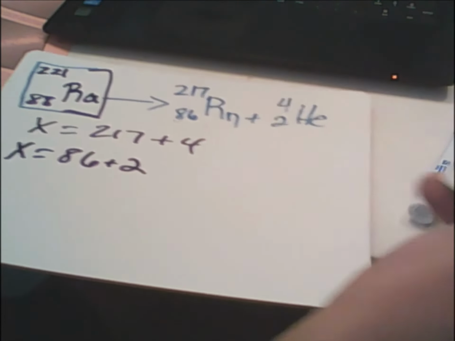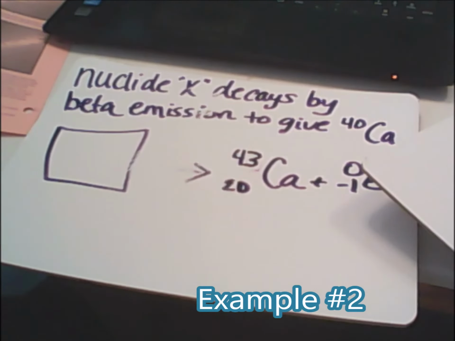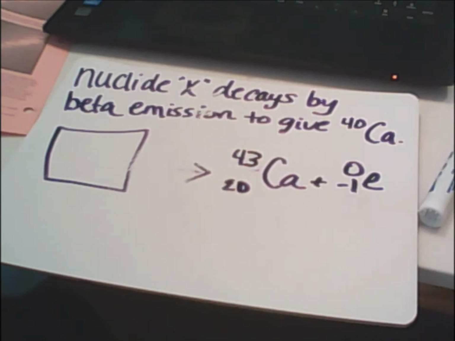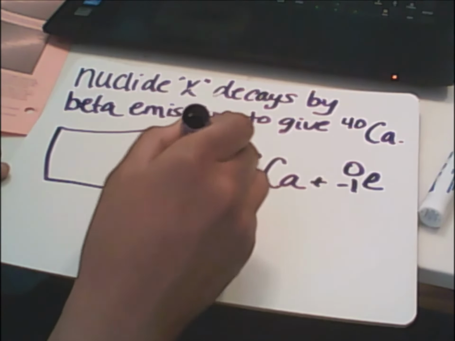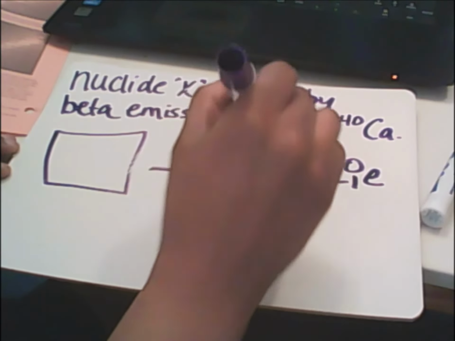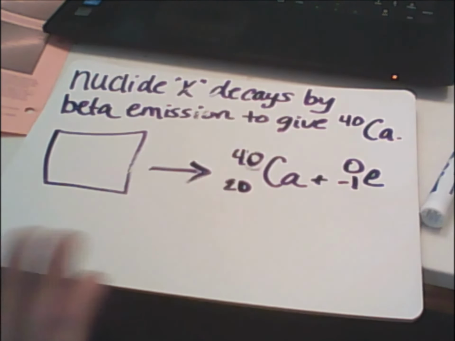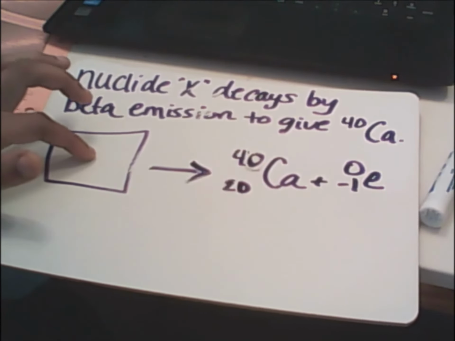Let's do another problem. This one says nuclide X decays by beta emission to give 40 calcium. Again, as you know, the 40 is on the top, and you have to figure out what that missing component is for the bottom for the atomic number. Now, again, since we are looking for calcium having decayed with beta emission, we need to know what it was originally.